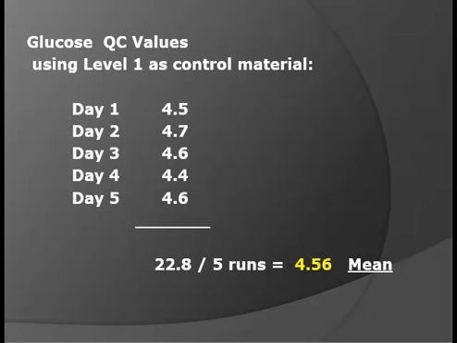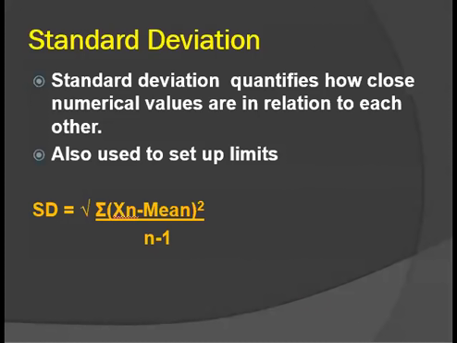Then another statistical concept that we also need to remember when we talk about making a Levy-Jennings chart is your standard deviation. In standard deviation, we look at how close the numerical values, the control values, are in relation to each other.